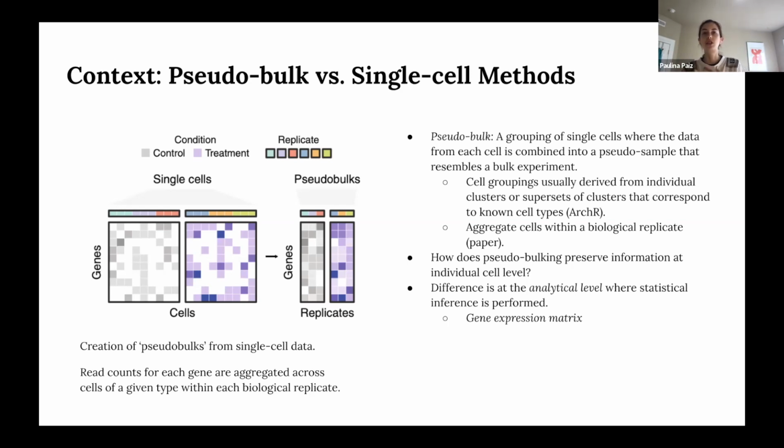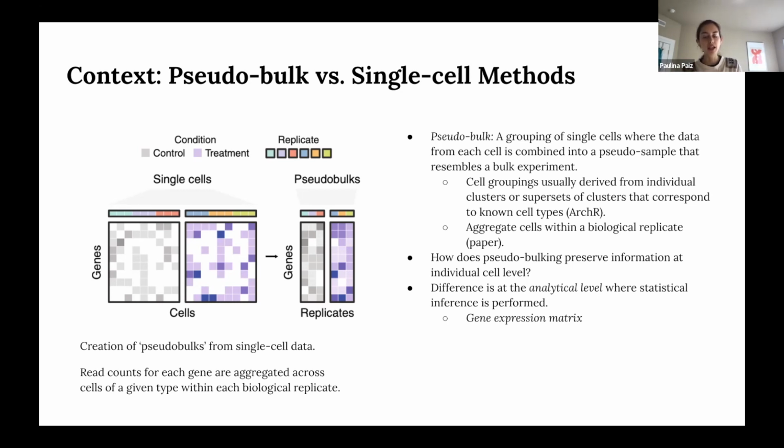And just to clarify, what Fiorella helped me understand is that actually pseudobulking preserves that information because the cell groupings are made based on information that was collected at the single cell level. So no need to worry about that.